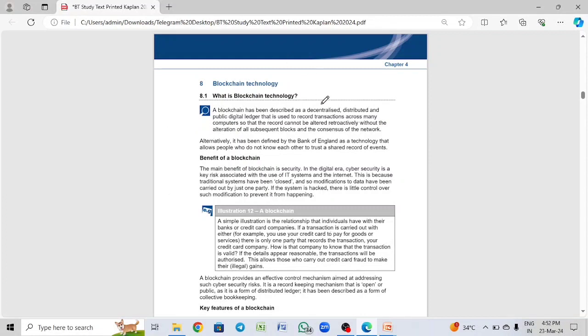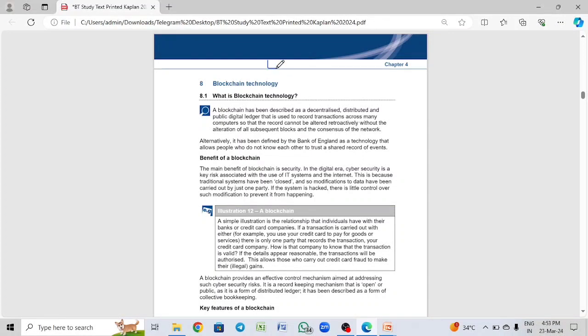A blockchain is described as a decentralized, distributed and public digital ledger that is used to record transactions across computers, so that records cannot be altered retroactively without the alteration of all subsequent blocks and the consensus of the network.